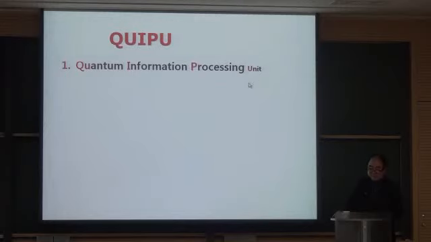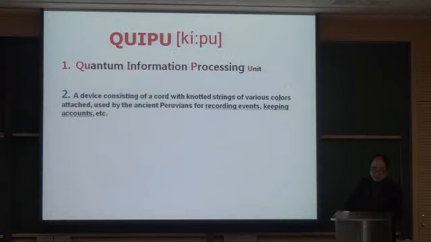I did not expect to see this word in the dictionary. The 1977 Webster's college dictionary has this word, even with the pronunciation, kipu. Now you might know: this is a device consisting of a cord with knotted strings of various colors attached, used by ancient Peruvians for recording events, keeping accounts, etc.